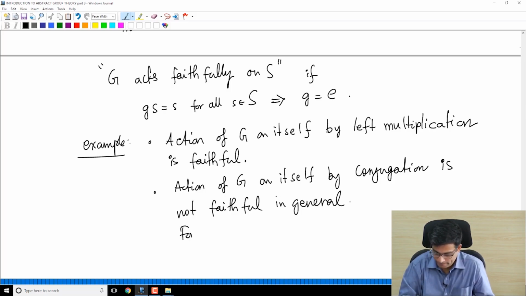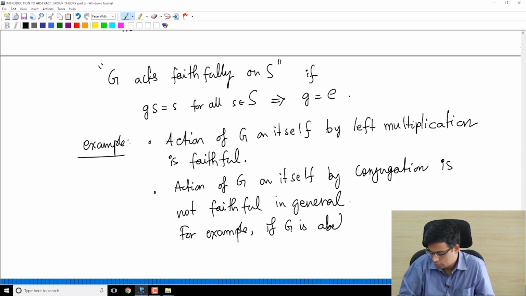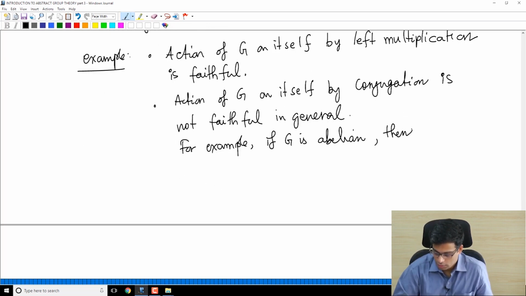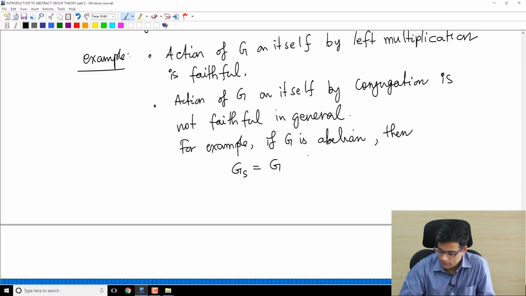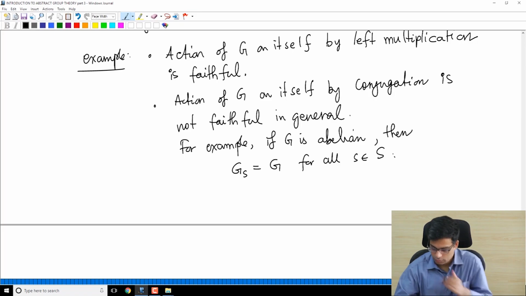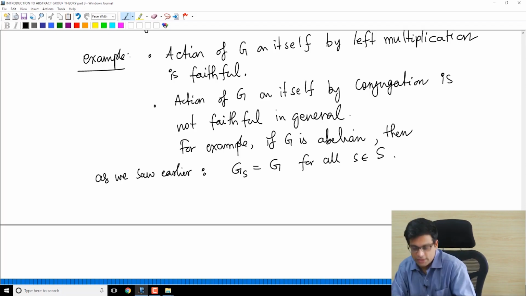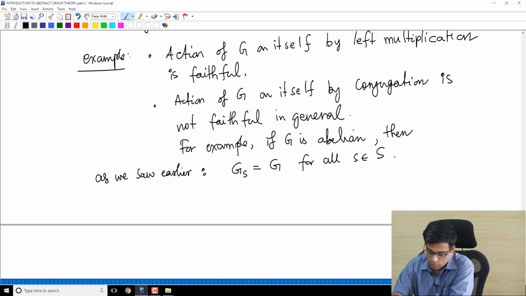For example, if G is abelian, then the orbit of gs is G, and the stabilizer is G for all s, as we saw earlier. This is one of the problems that we did earlier. So certainly the intersection of stabilizers is all of G.